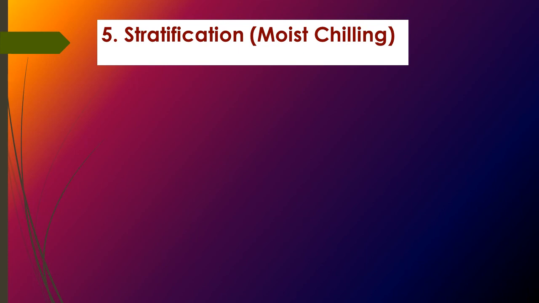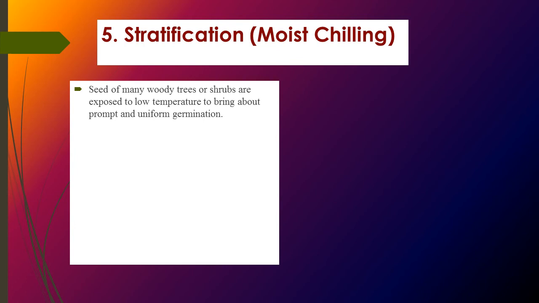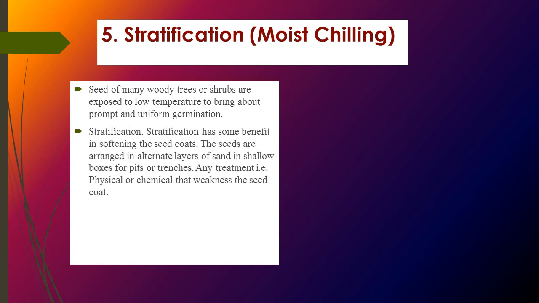This treatment was maximally effective after 7 days of accelerated aging, increasing germination from 43 to 61%. By this technique, seeds of many woody trees or shrubs are exposed to low temperature to bring about prompt and uniform germination. Stratification also has some benefit in softening the seed coat.